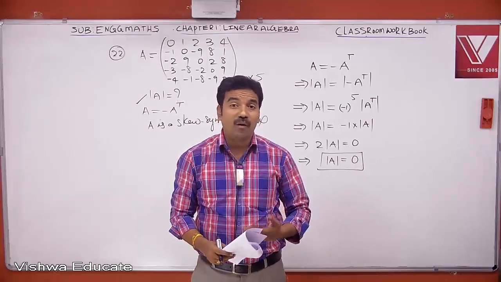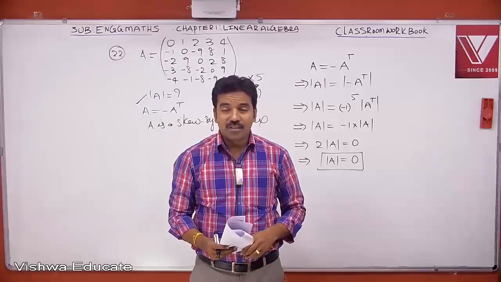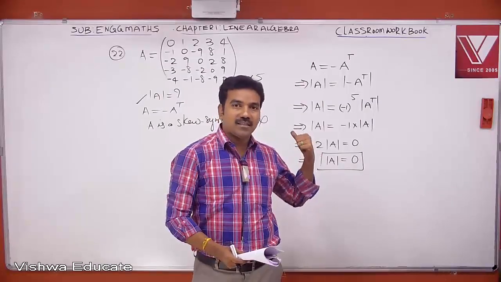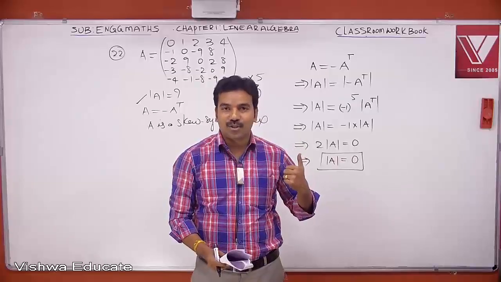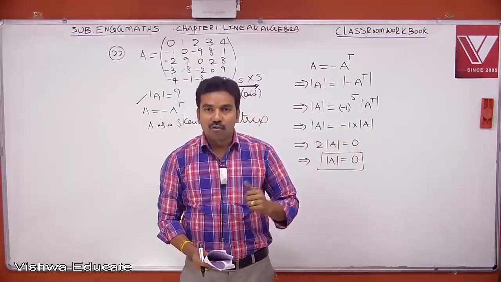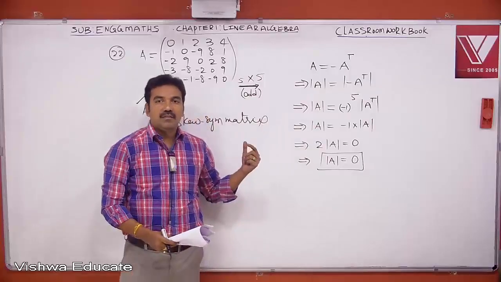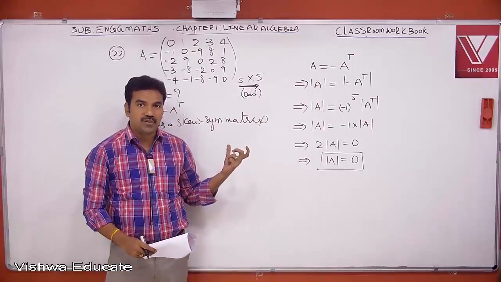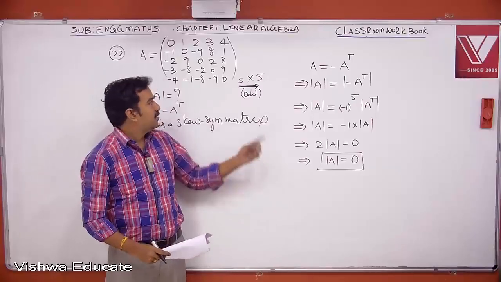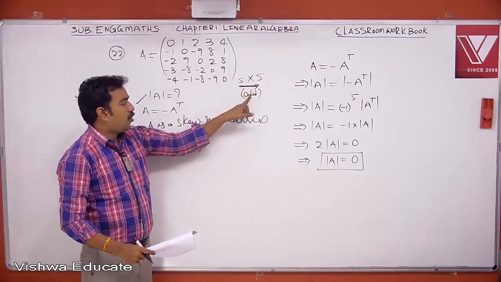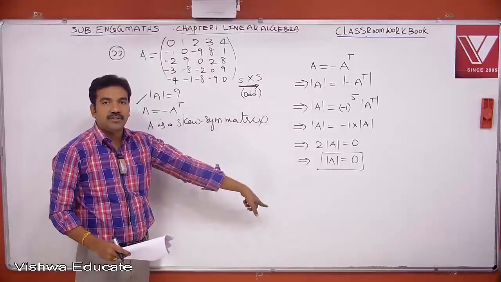Infinitely many possible values may come for det A, which is not so simple to analyze. But the interesting property in this question is that it is a skew symmetric matrix of odd size. Therefore, the conclusion is that the determinant of any skew symmetric matrix of odd size is always 0.